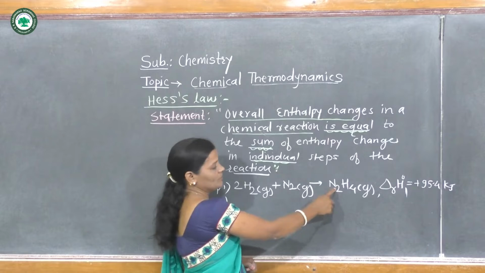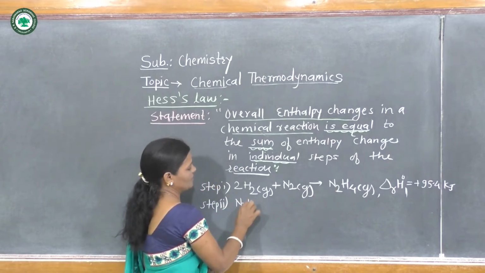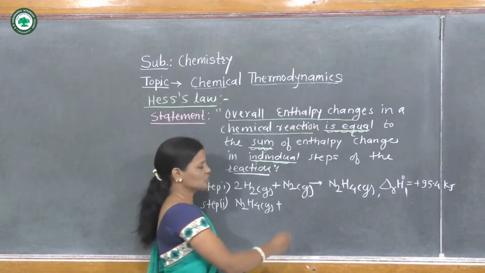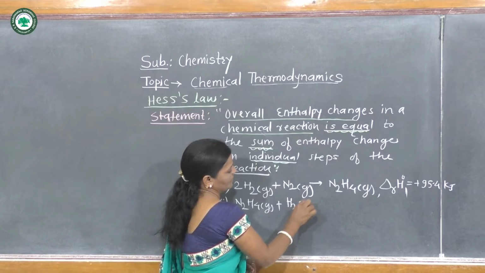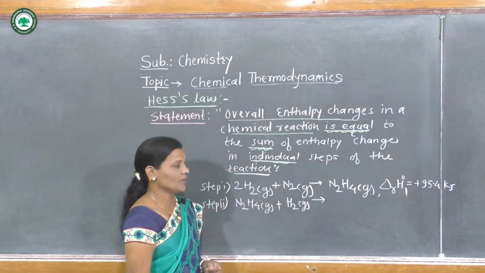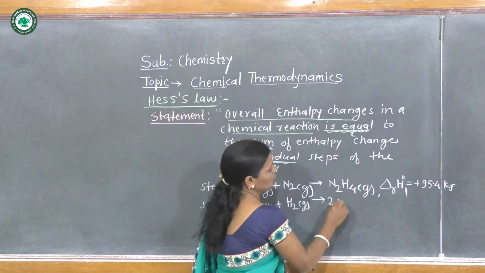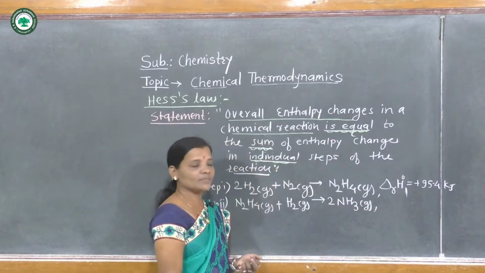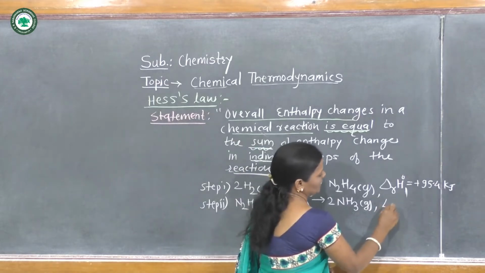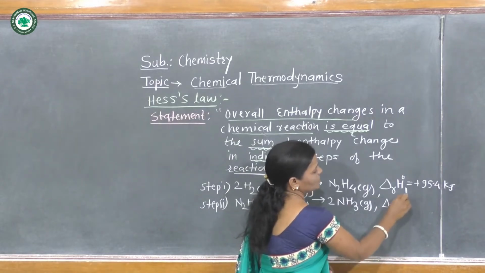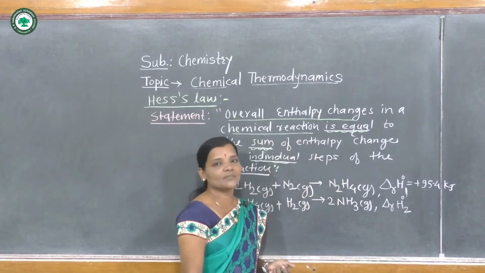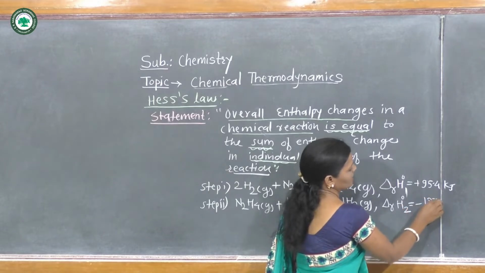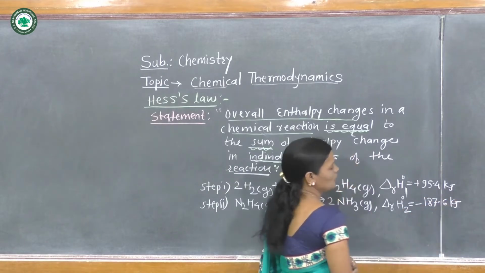And in the second step, the product formed in the first step, N2H4 gas, reacts with 1 mole of H2 gas, and we get formation of 2 moles of ammonia in gaseous state. In the second step, the enthalpy change observed is given by delta rH degree 2, and here suffix 2 is written, and it is found to be minus 187.6 kilojoule.